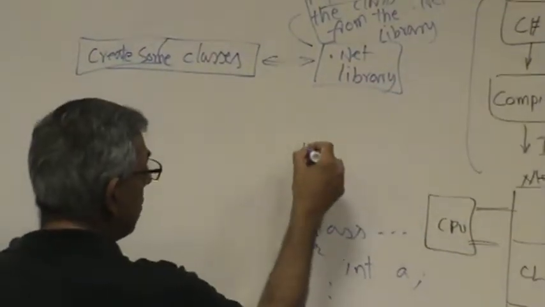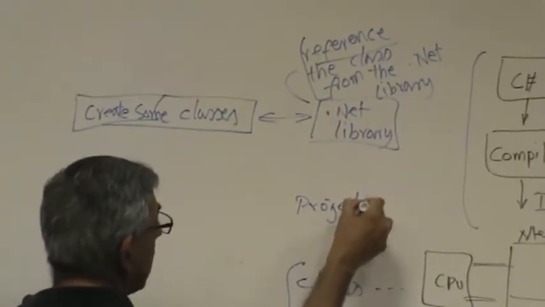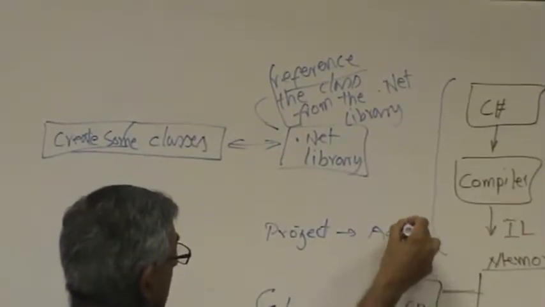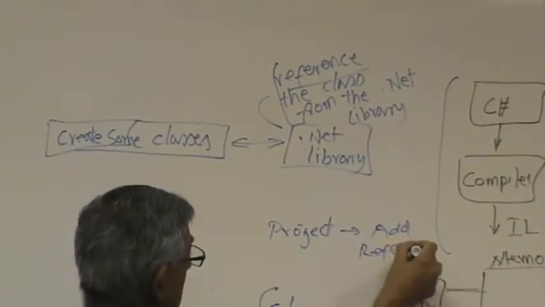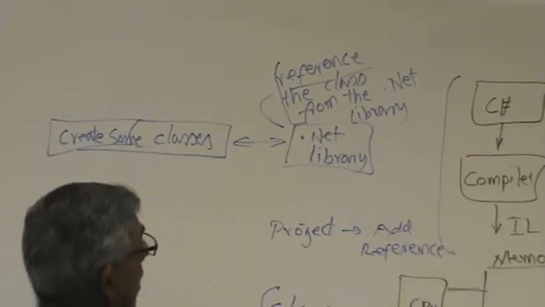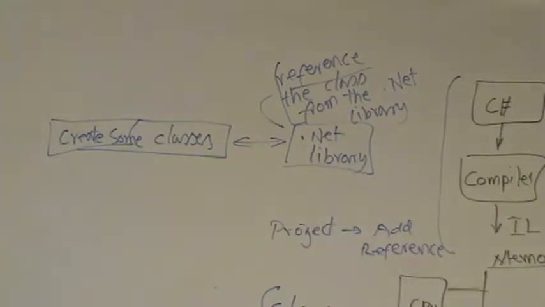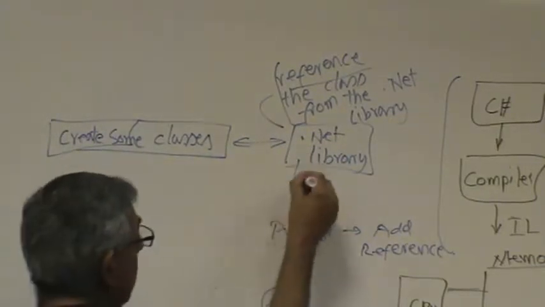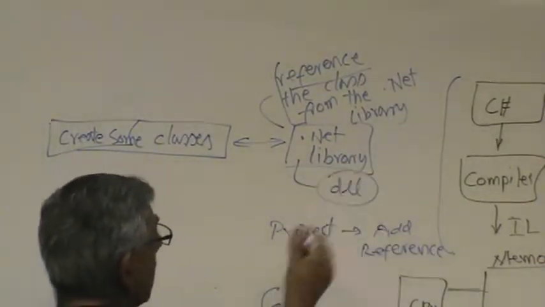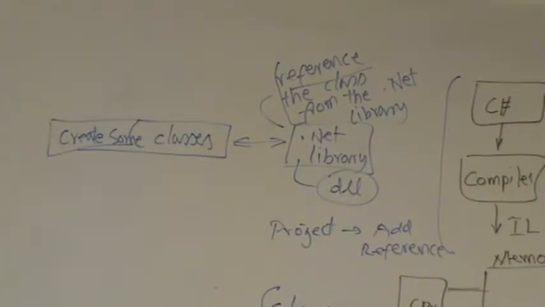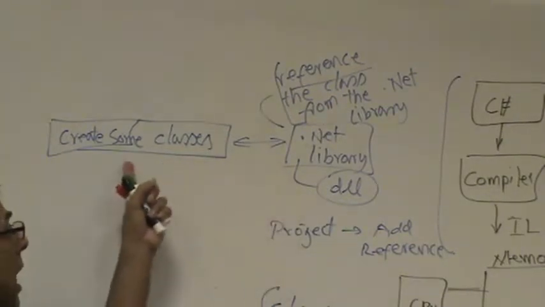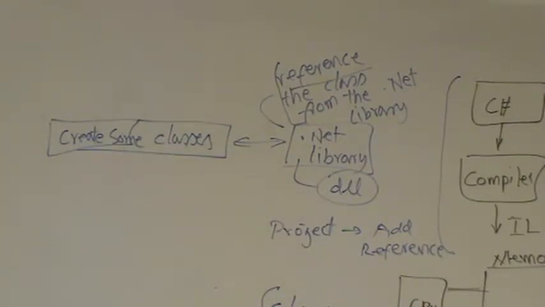So you will go to the project, you'll right-click on it, and you will say Add Reference. And then you will pick whatever library you are interested in. It will already be pre-compiled. So these are often referred to as DLLs. So you'll pick the DLL, and then you will automatically get the class that you need to use in your project. So gradually you will learn that, right?